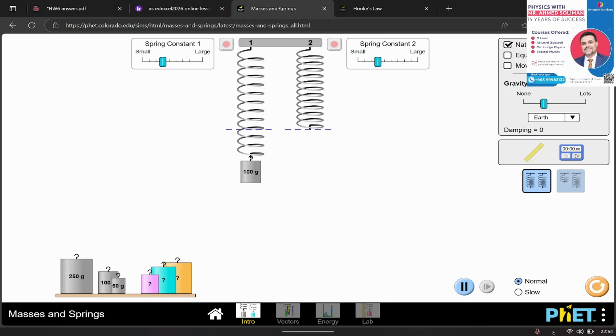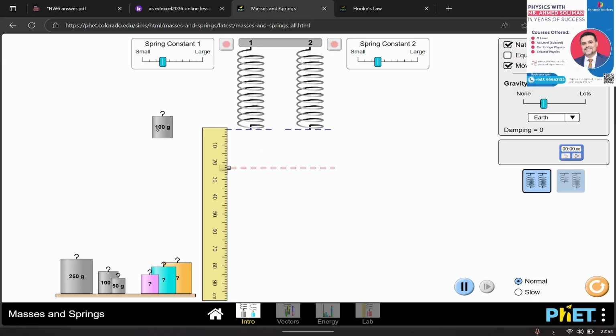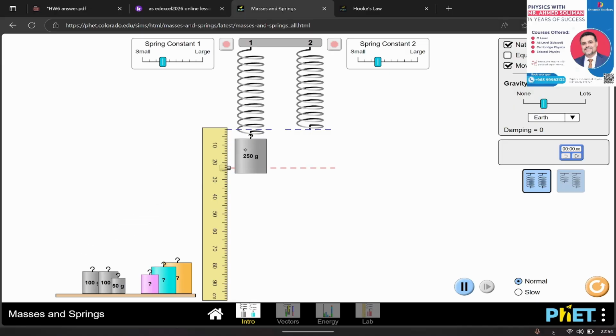We can measure this extension using a ruler. This extension, for example, is 24.